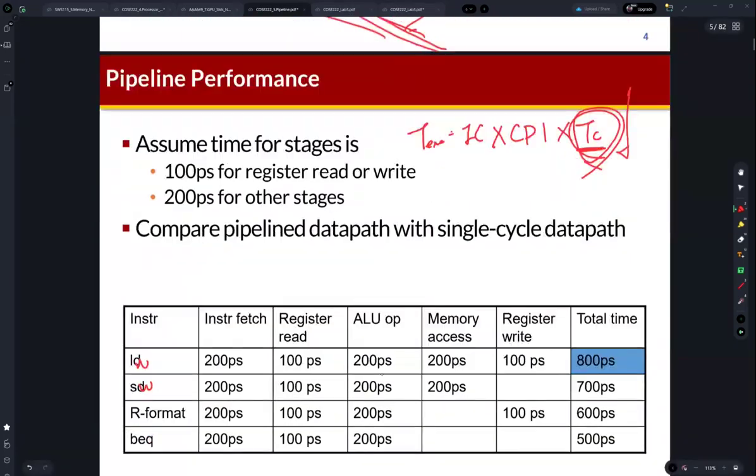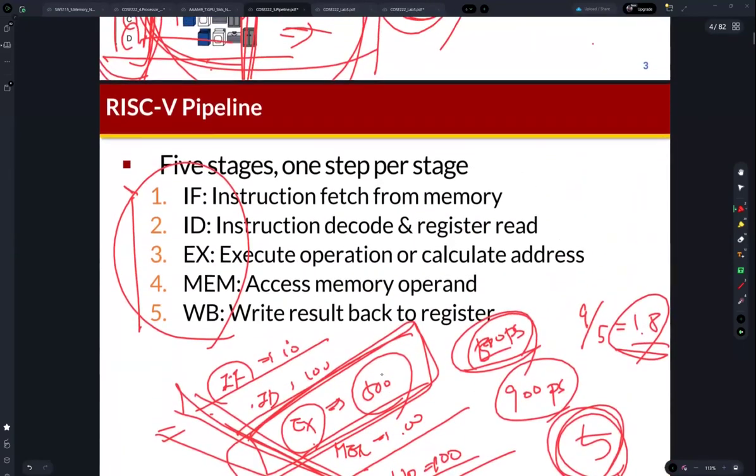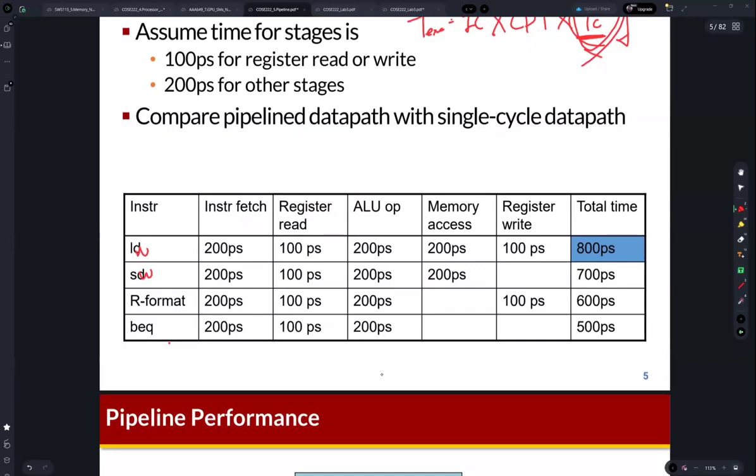So this is the example, an extreme case. In this example, you can find the delay of each stage. This is the total execution time if we use the single cycle processor.